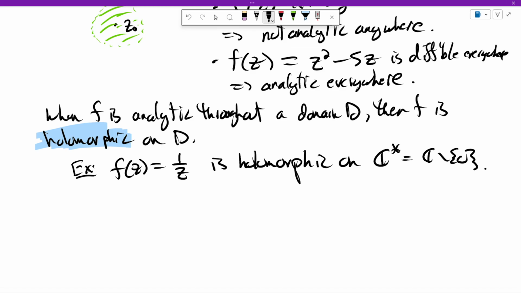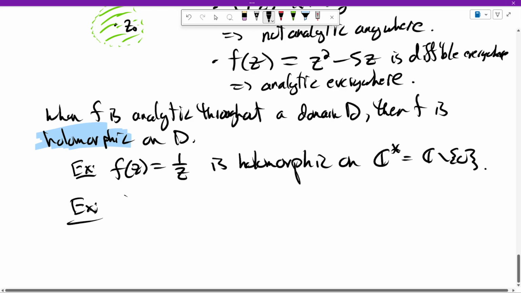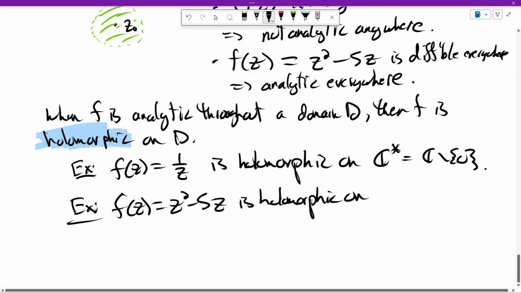So this is a little bit different than the polynomial function z squared minus 5z. So by contrast, f of z equals z squared minus 5z is holomorphic on all of C because there's no problems whatsoever.